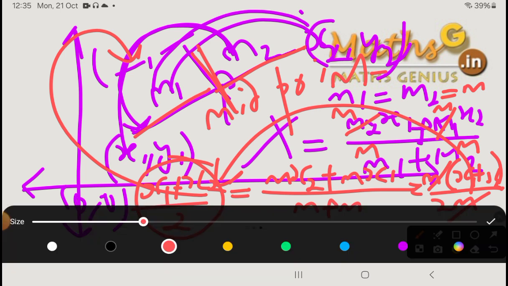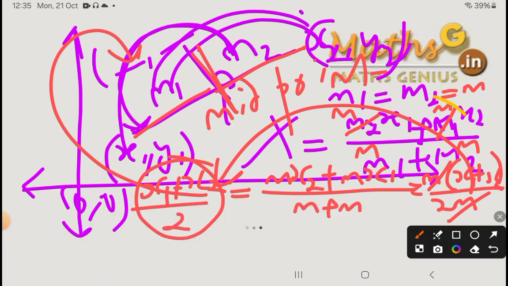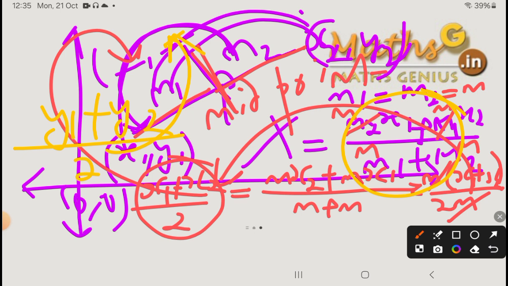So similarly, you can easily check that the y coordinate of this point will be nothing but y1 plus y2 whole divided by 2. These are the two coordinates. And till you do not draw these diagrams, till you do not calculate these things, you will have to mug up these formulas as separate formulas.